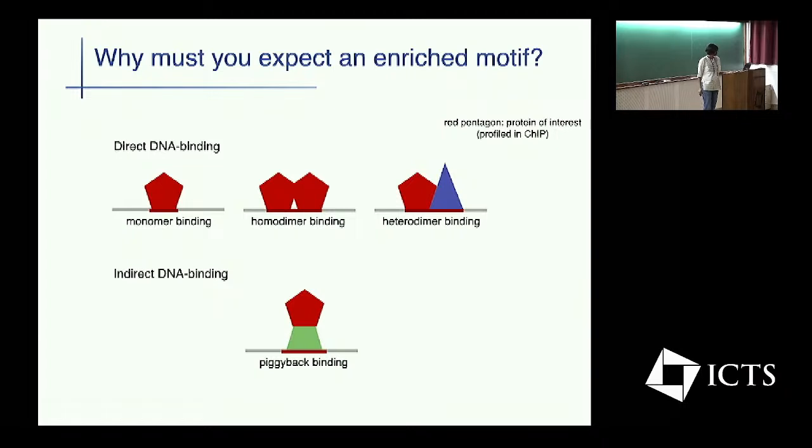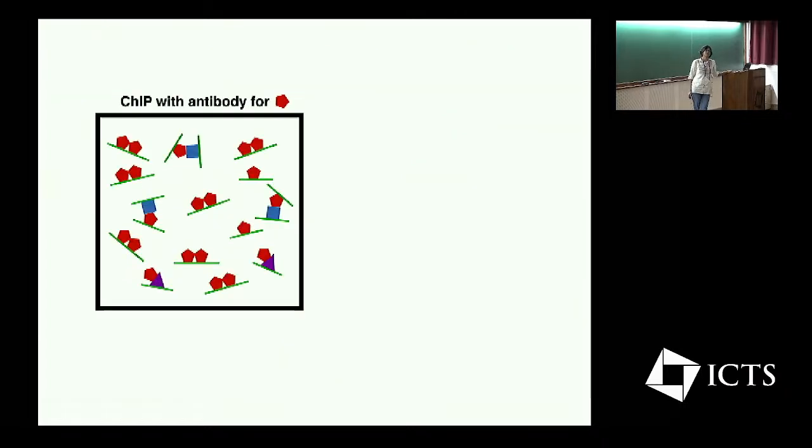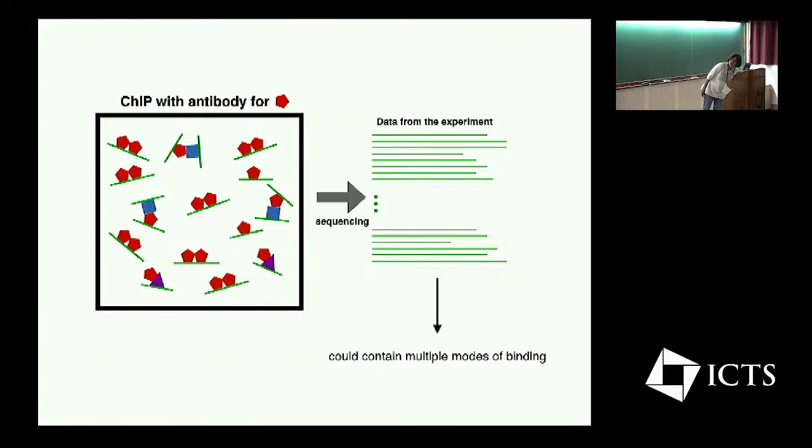So your data itself is coming from a bunch of diverse complexes, which means that the DNA you get from such experiments after sequencing is also fairly diverse. So we said that instead of looking for the most enriched motif, then the second most, let's try to split the whole data into these different binding modes.